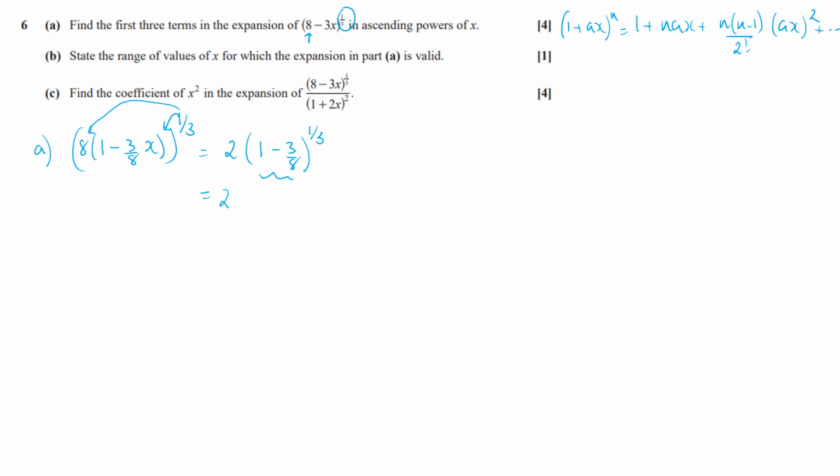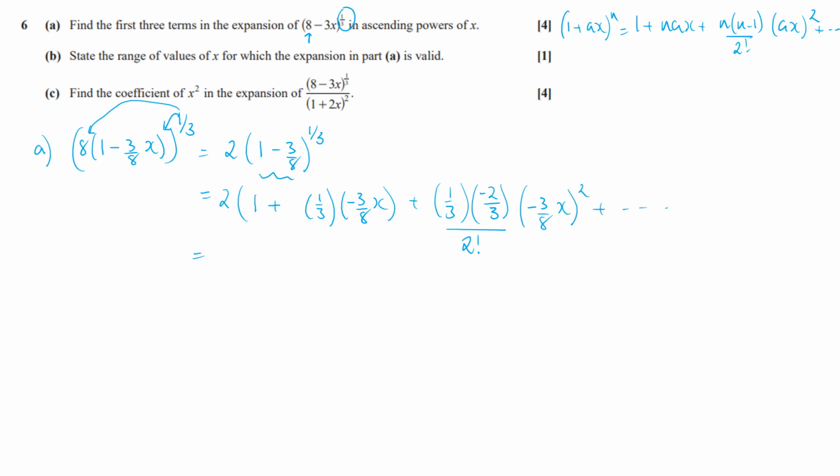So it's going to be 2 times 1 plus n, which is 1/3, ax, which is minus 3/8 x, plus a third, which is n, and then n minus 1, which is a third minus 3/3, which will be minus 2/3, all over 2 factorial, minus 3/8 x all squared.